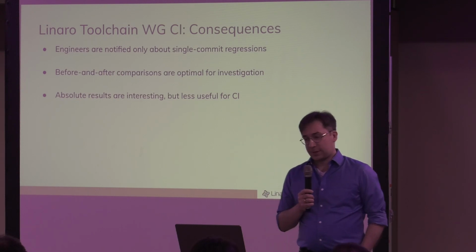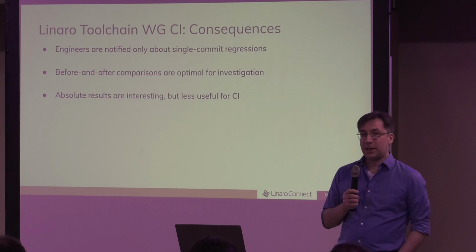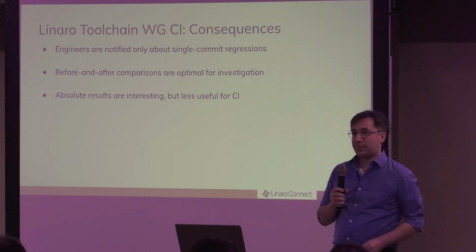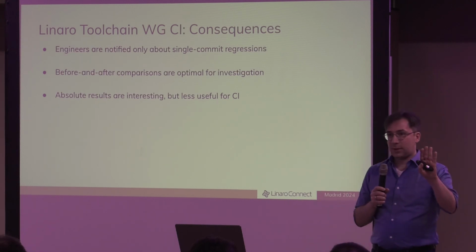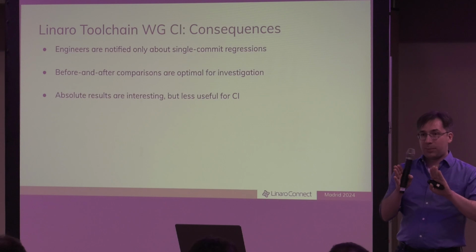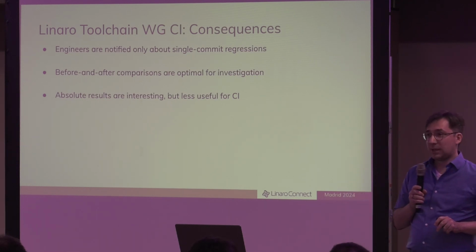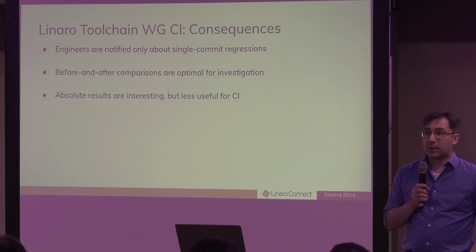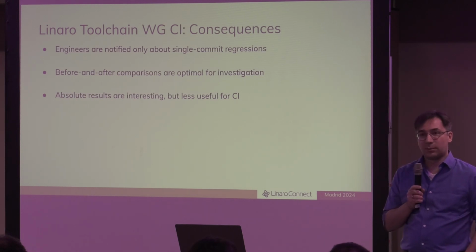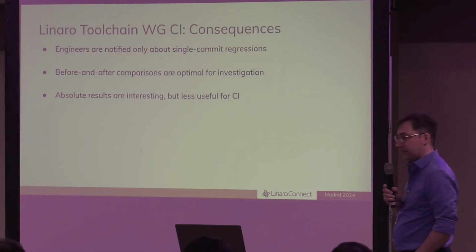Before and after test result comparisons are the most interesting if you have results immediately before the patch and results immediately after the patch, and you can compare them side by side. It can be much easier to understand what the problem is, especially in performance-related problems, like not a test breaking, but rather a benchmark slowing down or a benchmark growing in size.